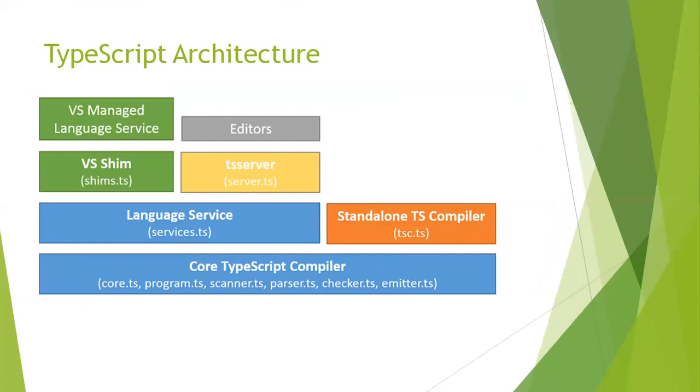After that, translating that into JavaScript is done by the standalone compiler. All the TypeScript libraries, language service, compiling, request, response, everything is managed in the server. Converting that into cross-platform is managed by shims, and the cross-platform library is called the managed language service. These are all the components of TypeScript architecture.